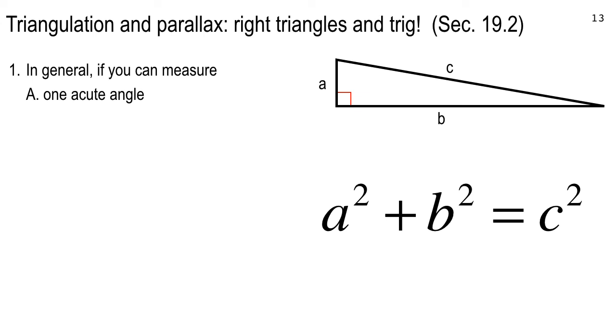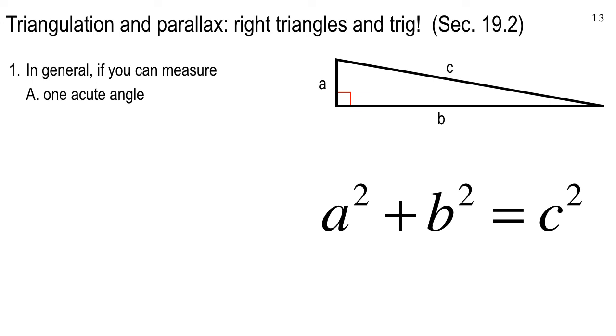There's the Hipparcos spacecraft, which is now retired. I think it's still up there, but it's run out of fuel. And then they have another one called Gaia that's up there now, and all it does is measure parallax angles.